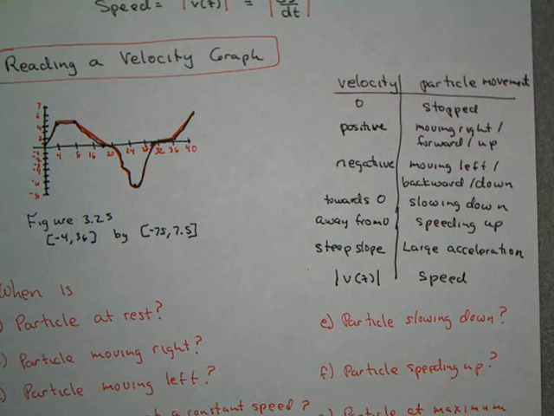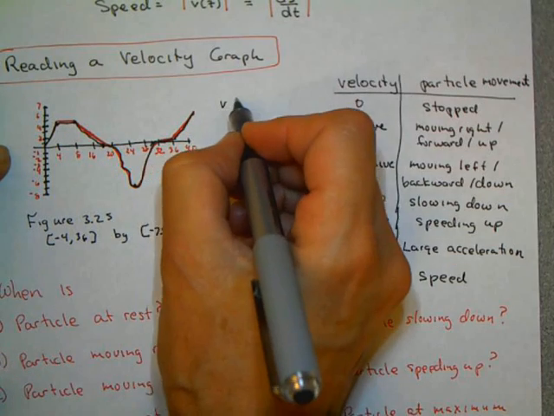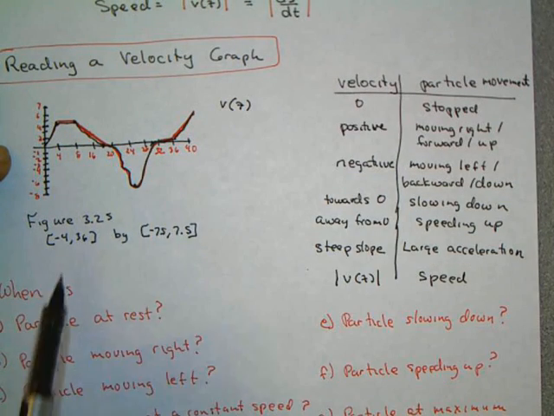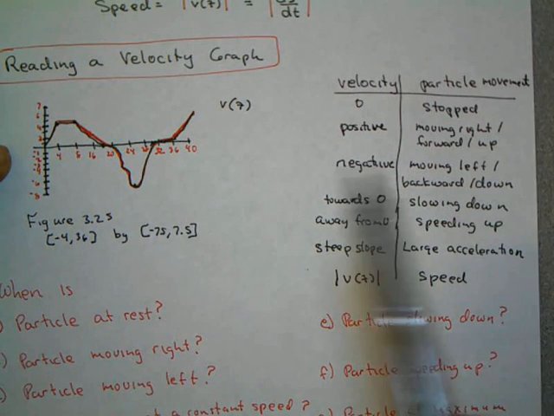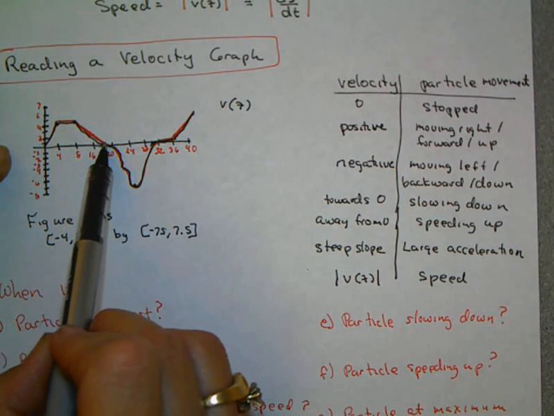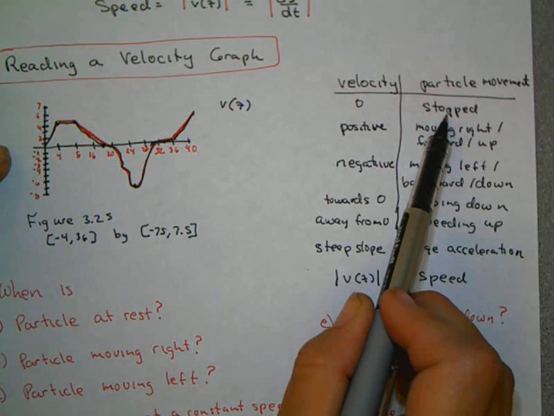Now, when you read a velocity graph, this is a big deal. You probably want to make sure you've got these tips down, because they're going to show up again and again, and your book doesn't really cover it terribly well. This is a velocity graph. Here we have v of t. It's very similar to figure 3.25 in your book.